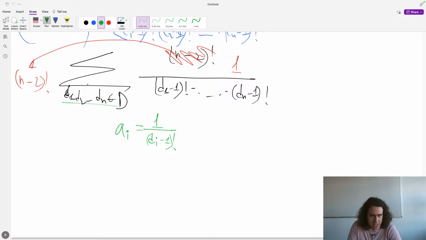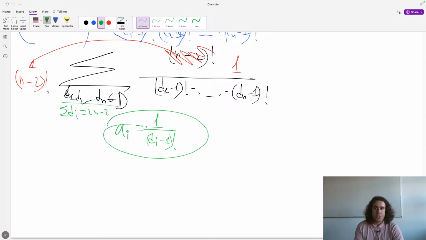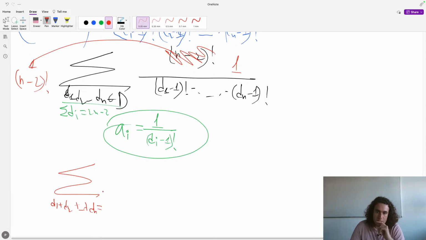They should be taken from D, but also the sum of the degrees should be 2n minus 2, so that this equation makes sense. No, that's not what I wanted.